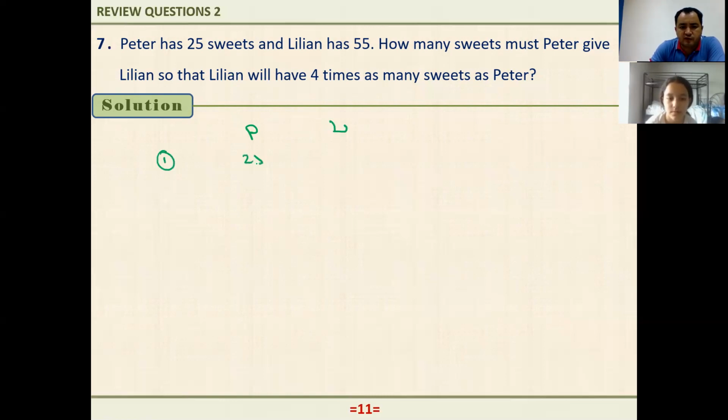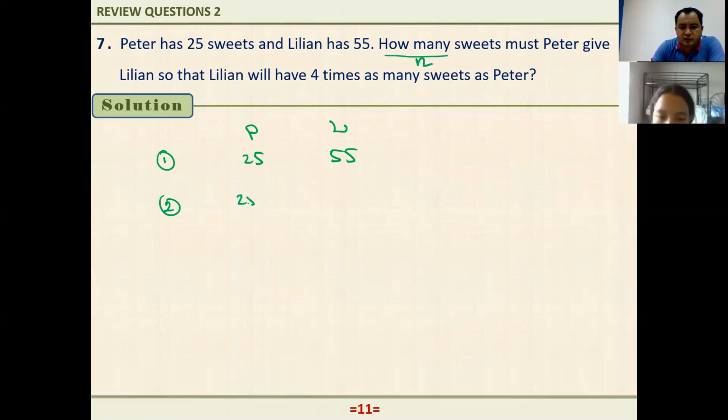Peter has 25 sweets and Lilian has 55 sweets. So now Peter is giving away some of his sweets to Lilian. How many? We don't know. How many sweets must Peter give Lilian so that how many? That thing is, let's say it is n.